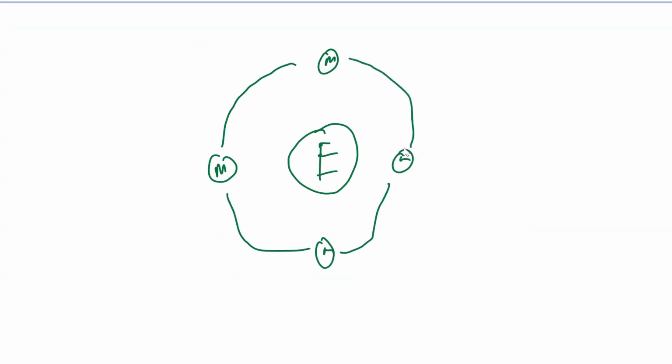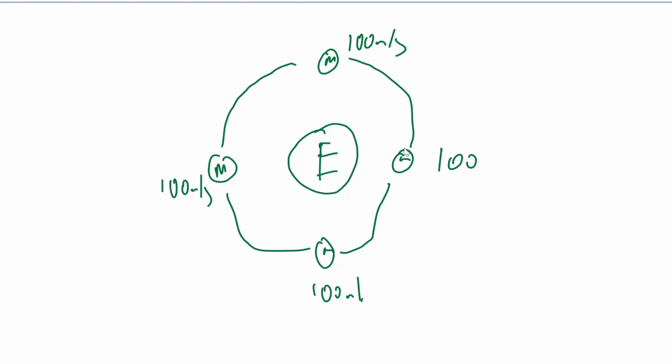Even though the speed of the moon at these four positions is the same, for example 100 meters per second at each, I can say that the speed is all the same, right? But I cannot say the velocity is the same.